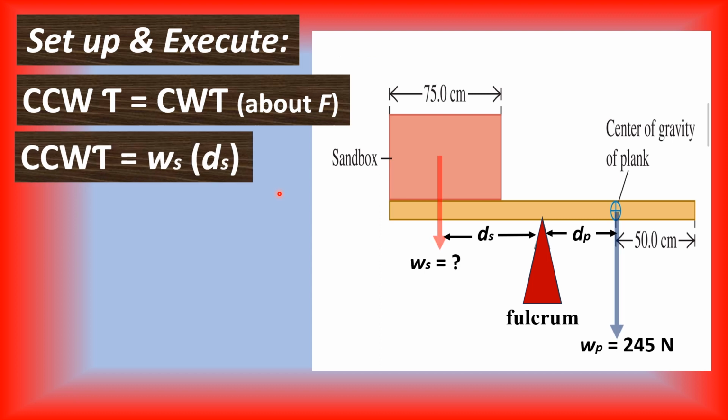Now, for the counterclockwise torque, it is just equal to the product of W sub S, or the weight of the sandbag, multiplied by its lever arm, D sub S, right?